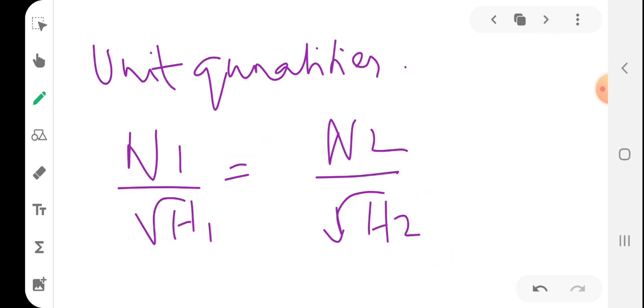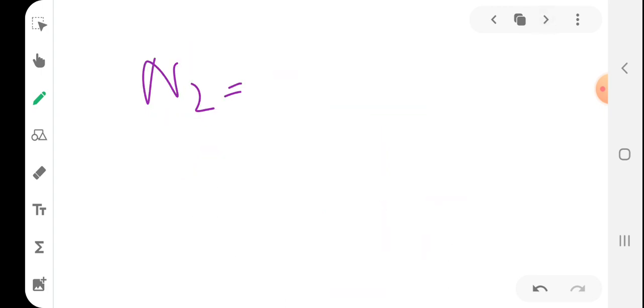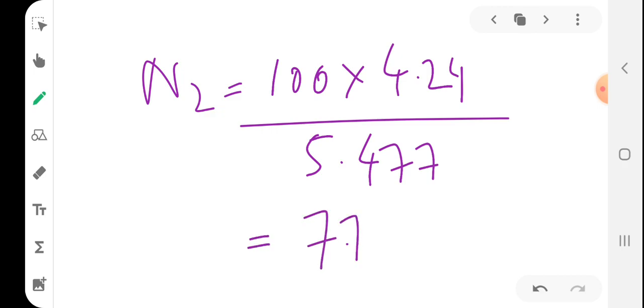So you substitute here N1 as 100. And N2 can be written as 100 into root of 18, which is some 4.24, divided by root of 30, which is some 5.477. You will get the value as 77.46 RPM.